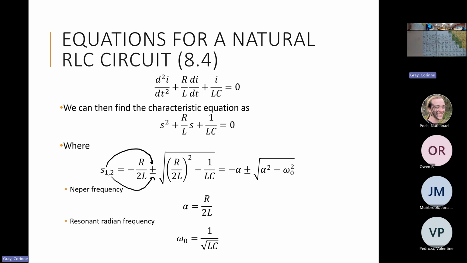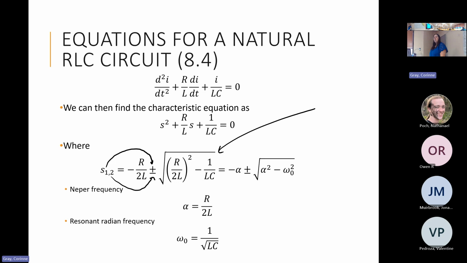Do you guys think it's possible that we can make it in this square root such that we're going to get a real value? Like there's some sort of resistor, inductor, capacitor value such that the square root is real. If you had to guess. Yeah, we're going to be able to find a real solution.